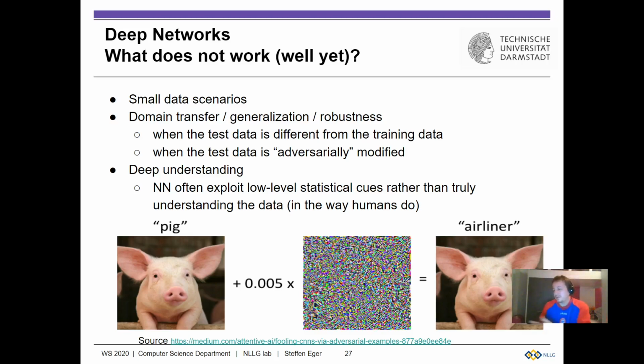But what if your test corpus is social media, such as Twitter or Facebook? Then typically those models perform badly, right? And this is because the models often lack deep understanding. So they exploit low-level statistical cues. They find some solution that is not in the way that humans understand data.